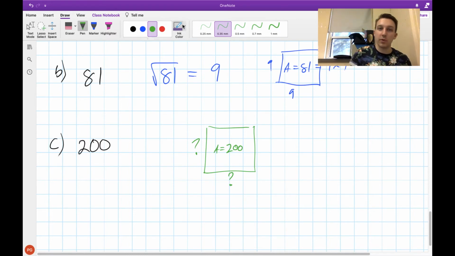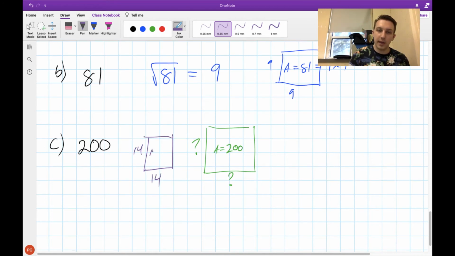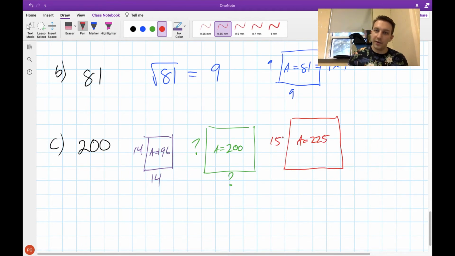Because if you remember, we know that if we have a square with 14 on each side, it should be equal to an area of 196, which is a little bit smaller than 200. And if we have 15 on each side of our square, our area is 225, which is a little bit bigger.